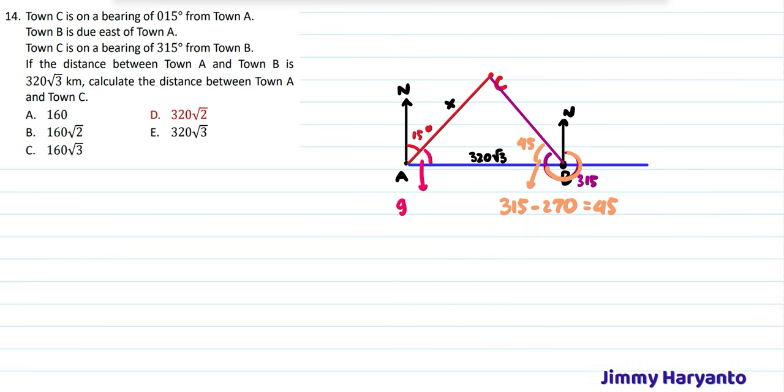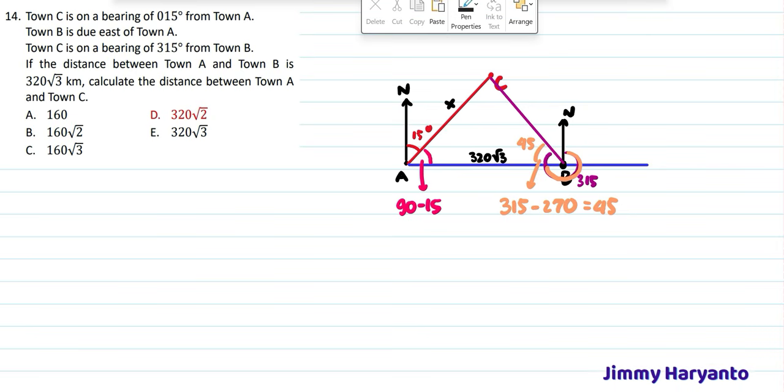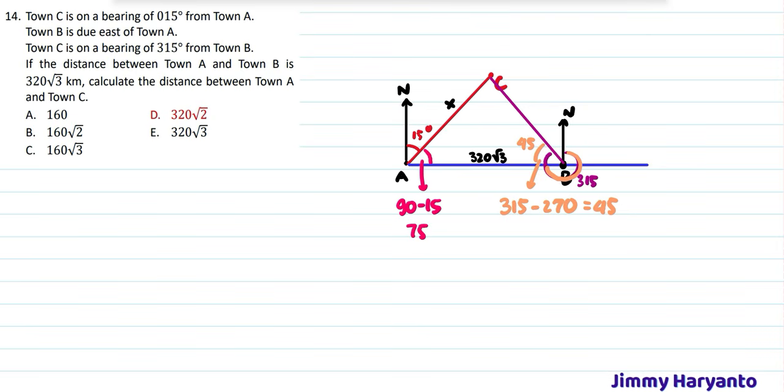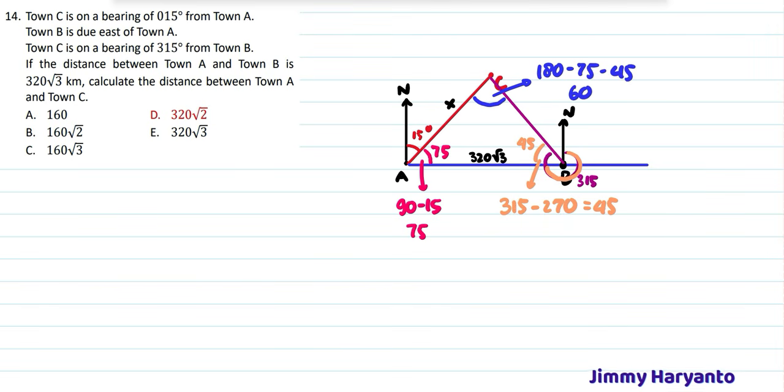This one is 90 minus 15, because this one is 90. So it's 75. 75 is not in the table, so I think we have to find this one also. 180 minus 75 minus 45 equals 60. So this one is 60.